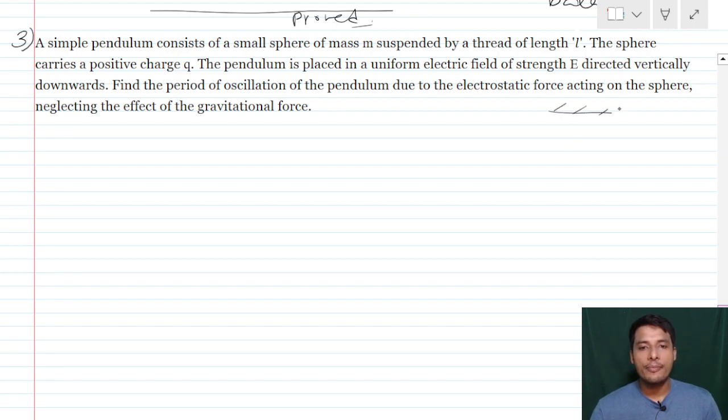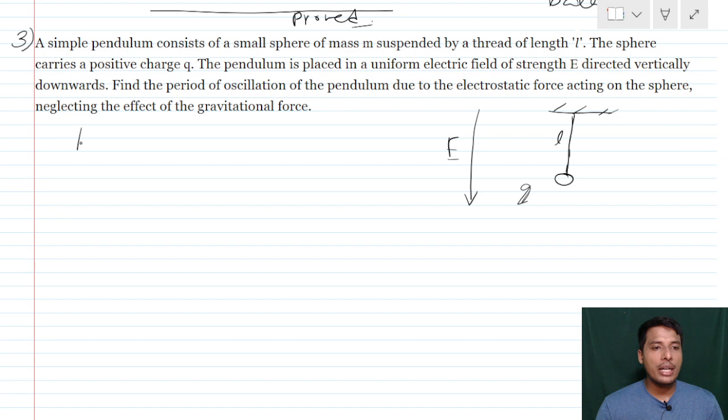If I draw a simple pendulum with a thread of length L, the sphere carries a positive charge Q. The pendulum is placed in a uniform electric field of strength E directed vertically downwards. So the direction of the electric field will be downwards. Find the period of oscillation.